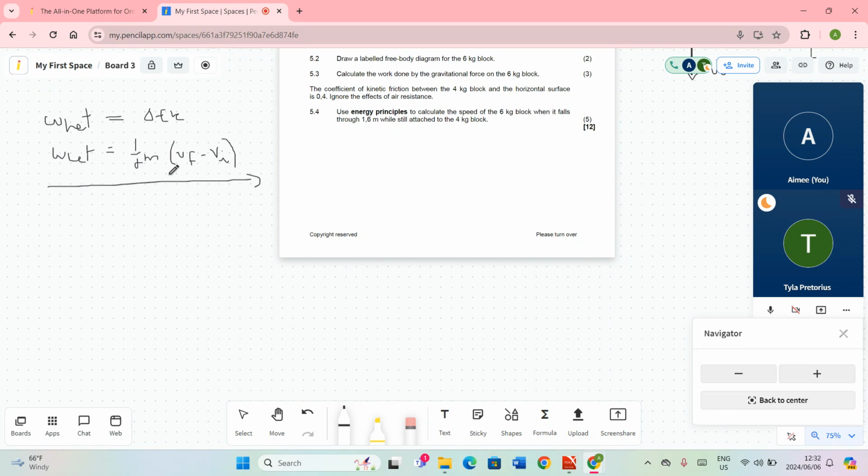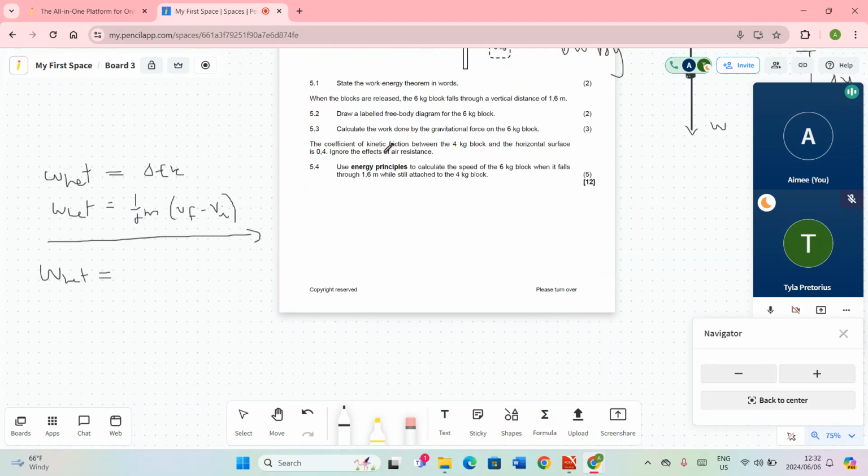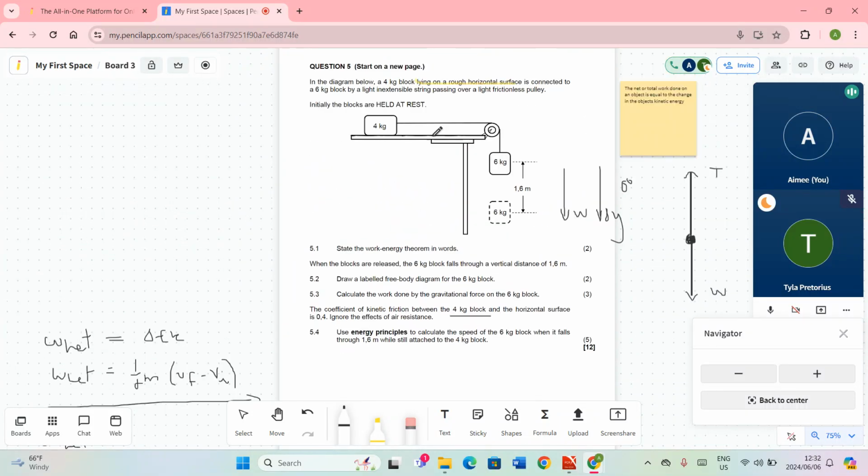But we also have a second issue. We need to figure out what is work net. What are all of the work components that need to be considered in this scenario? So work net is equal to what? The work done by gravity, the work done by friction, the work done by normal force. What are we looking at here? So in this scenario, we are in fact looking at the 4 kilogram block, because that's what they've told us. Okay. So what are the forces acting on our 4 kilogram block?